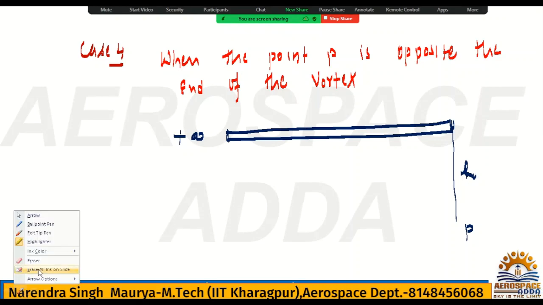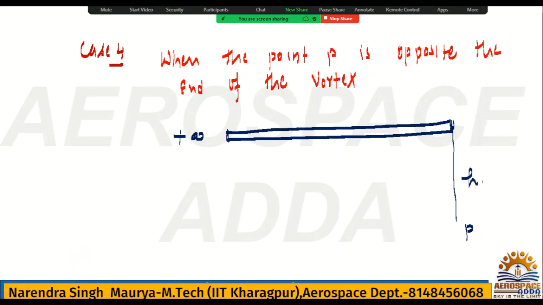These assumptions I have taken from my side. So what is this angle? This is nothing but 90 degree. What is this angle? Obviously I told you, if it is infinite, then this angle alpha will be 0.